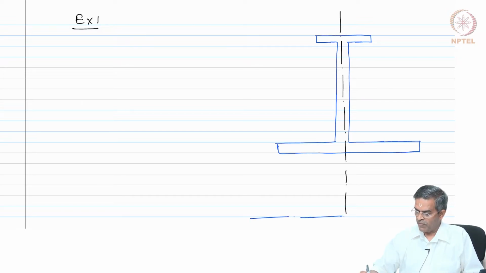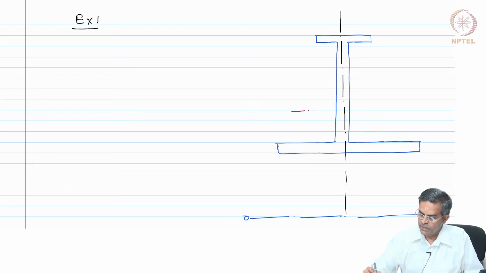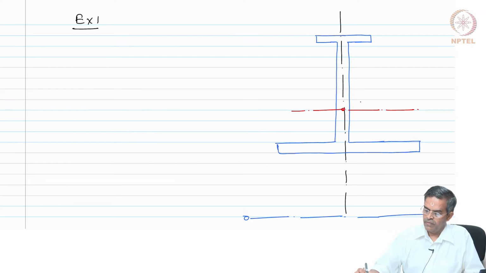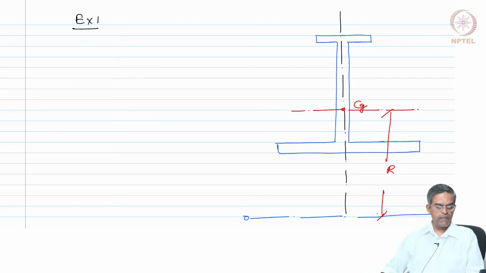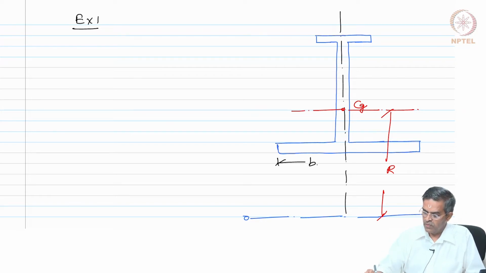This becomes my plane of reference OO, and we will mark the centroidal axis somewhere here. We know this distance is always measured as R, and we call this dimension as B1.